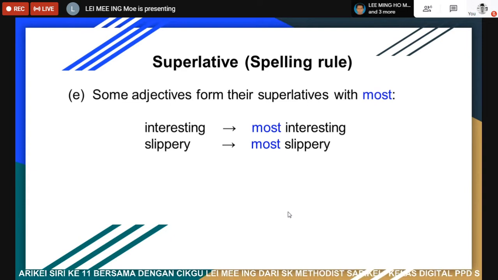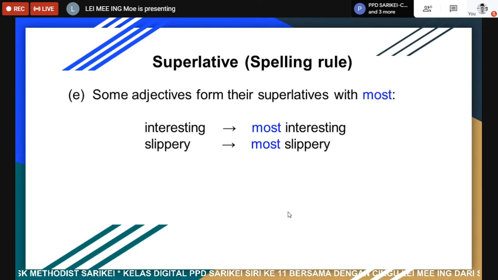All right, so we have 5 rules for superlative. The first one, you add est. The second one, one syllable, CVC, you double the consonant, you add est.